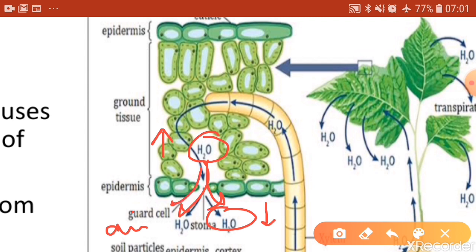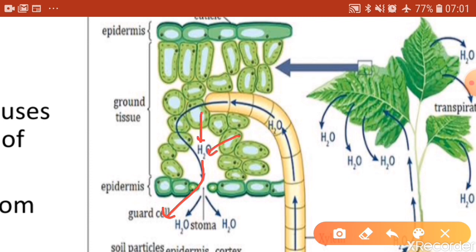Now, when water is lost from the intercellular spaces, to make up this loss, water will be withdrawn from the mesophyll cells. So the mesophyll cells of the leaves lose water, and that water again goes out.